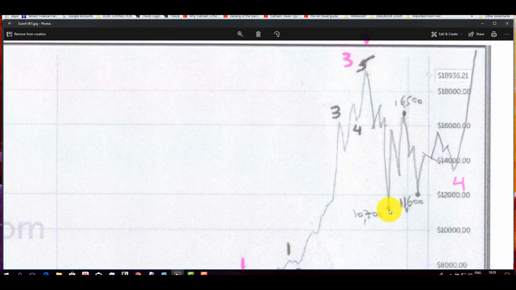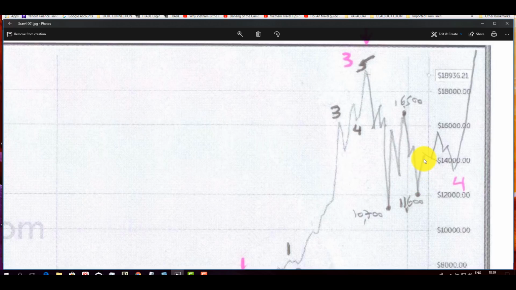Now the bottom of the first drop is at 10,700. That should be taken as an ABC that will form you A. We had another ABC here that reached towards 16,500. That's your B. It went down again, touched 11,600. That's your C.